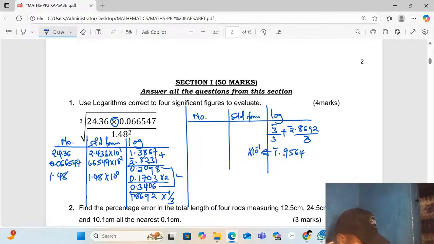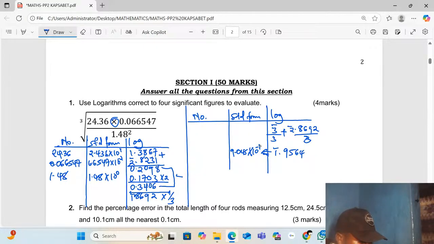So the antilog of 0.9564, the antilog of 9564, we can see from the tables that it is 9.045.